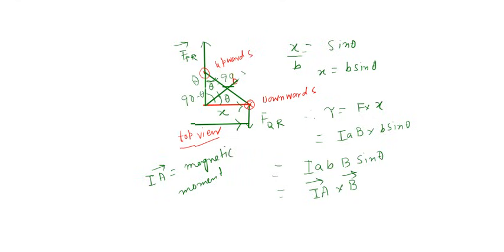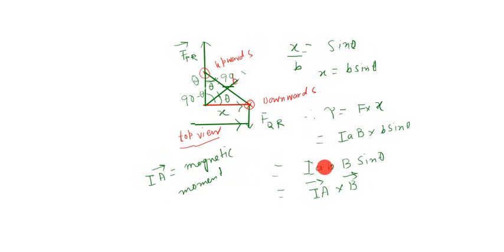We will find that the normal distance x between the two forces is actually b sine theta. So what will be the torque? Force multiplied by x, that is IAB b sine theta. Ab gives the area of the loop.